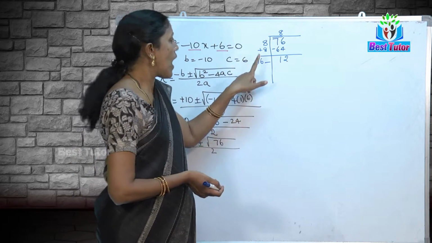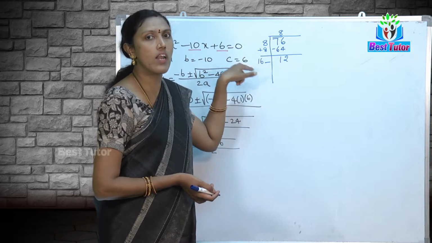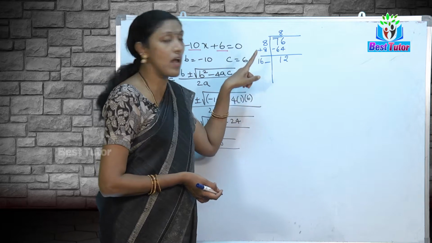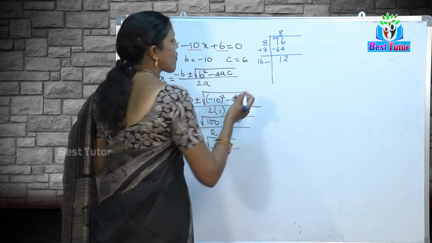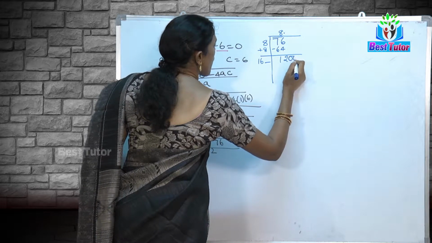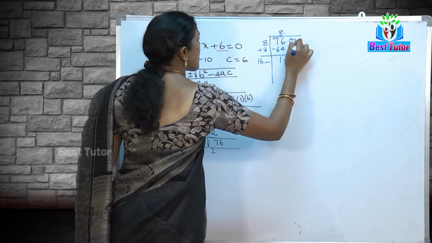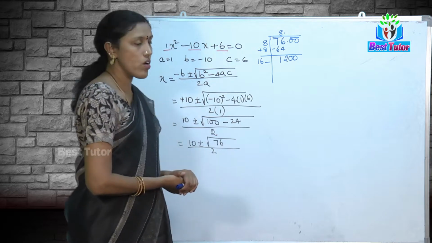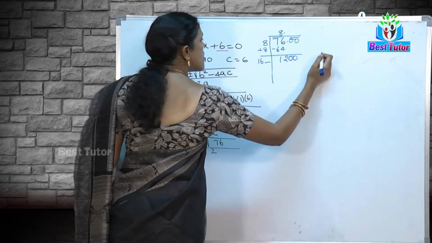The condition is if I put a 0 here, I will multiply the entire number with 0. I put a 1, I will multiply with 1. I can't put 1 here. So first thing is I am going to put a decimal point and bring down a pair of zeros.